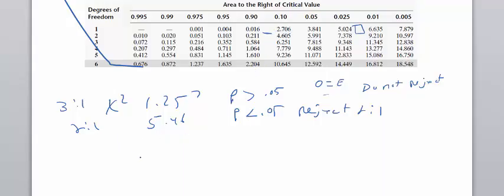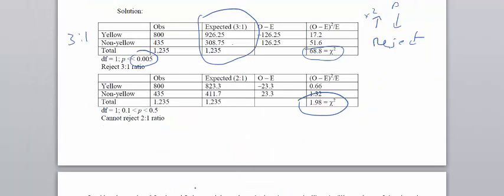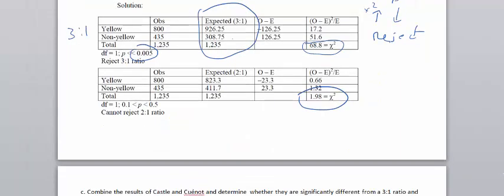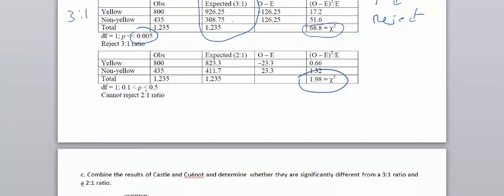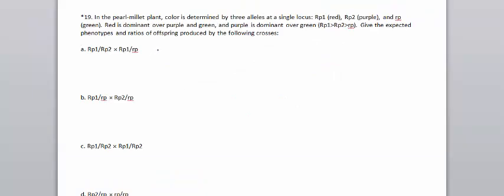That's greater than 0.05. So p-value, we do not reject.